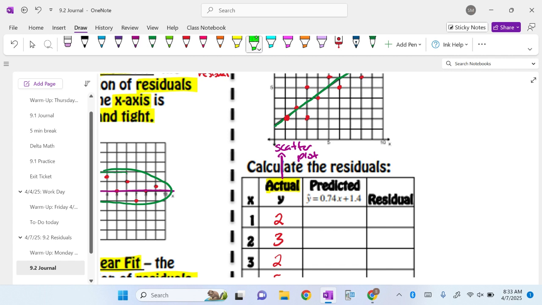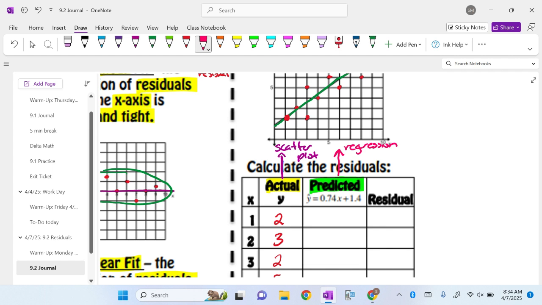Our predicted comes from the regression equation. So there's 2 ways to do this. If you were asked to calculate it by hand, so you're predicted from your regression equation, we want the exact y values of the point.